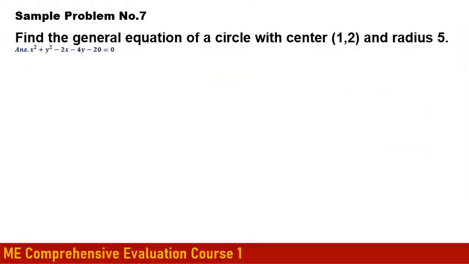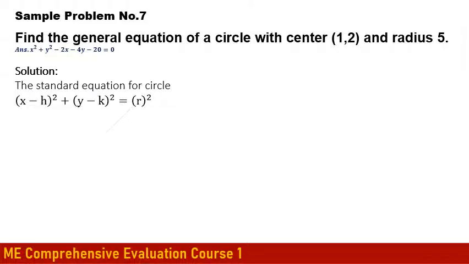Find the general equation of a circle with center (1, 2) and radius 5. The standard equation for a circle is shown here. We will simply substitute the values of the center, h and k, and also the radius. Take note that the minus sign here is part of the standard equation, meaning if the value is positive, we simply substitute those values and also the radius.